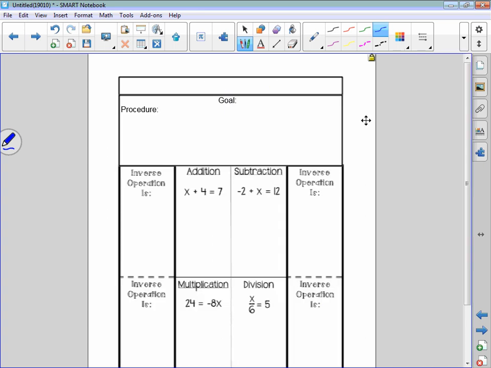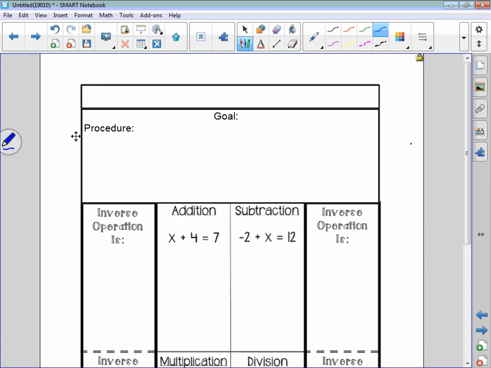Looking at the next page, I'm going to zoom in a little bit here. And our goal is going to be to isolate the variable.